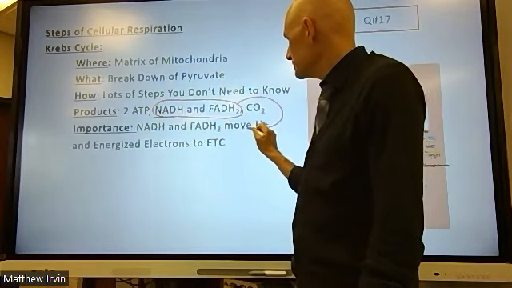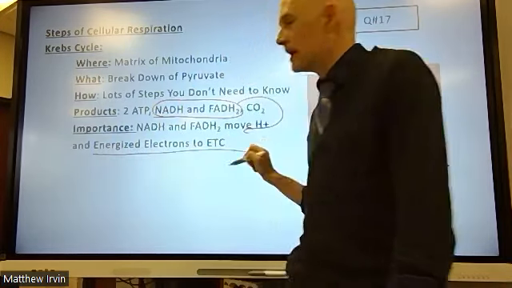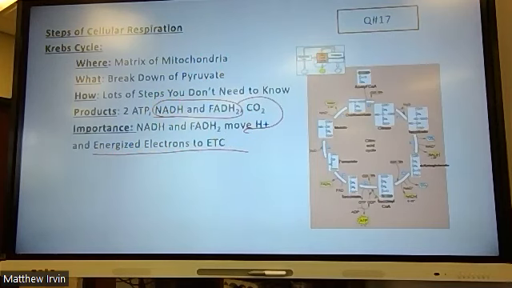That is what's important, because that's what's going to power the ETC. That is where the electrons are being harvested from the glucose. And then those electrons are going to be given to the electron transport chain in order to make the gradient to make the ATP.